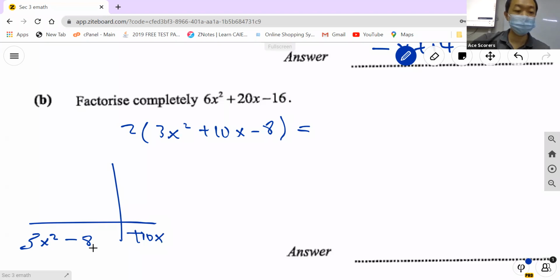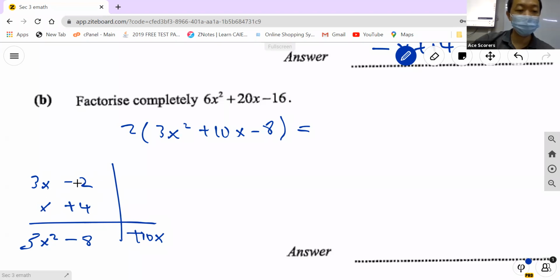and x. So vertical is multiply. That means 3x times x gives me x squared. Then I need to think how to get a 10. We use 3x minus 2, so here is -2 plus 4. Vertically, -2 times 4 gives me -8.